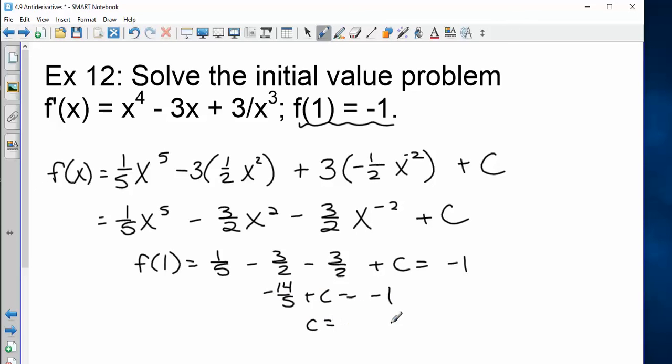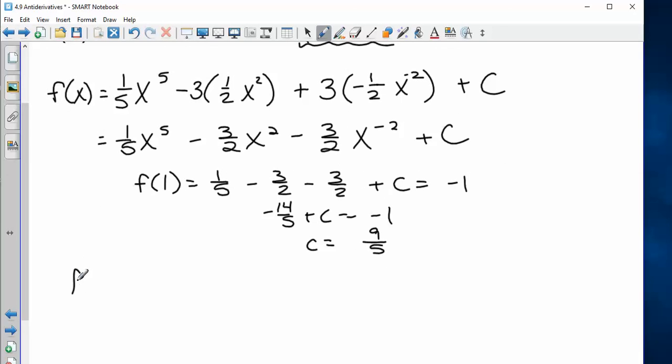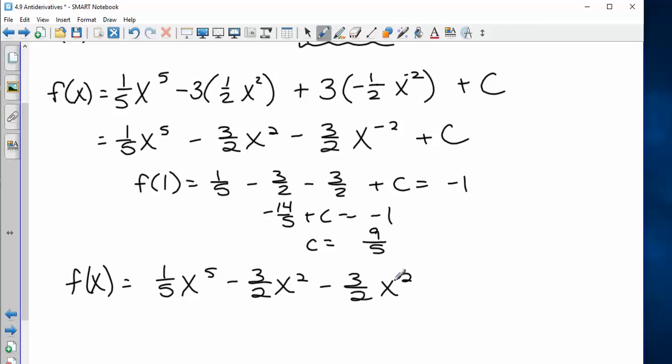Add your 14/5 over, and you get a positive 9/5. So my original equation is 1/5 x to the 5th minus 3/2 x squared minus 3/2 x to the negative 2 plus 9/5.